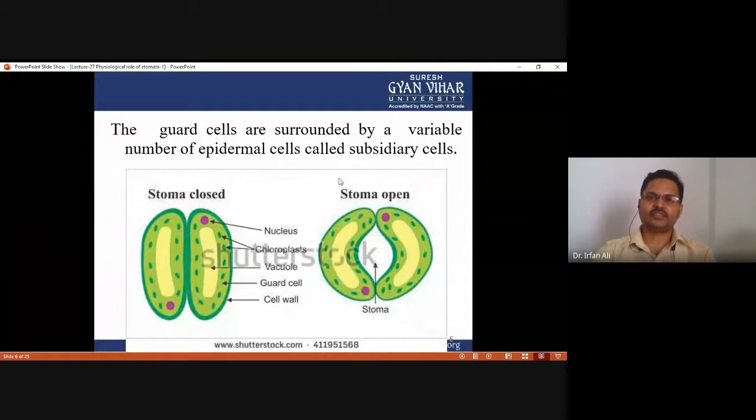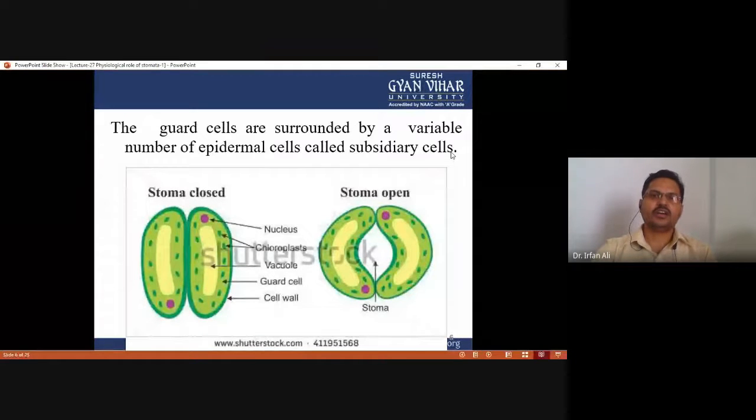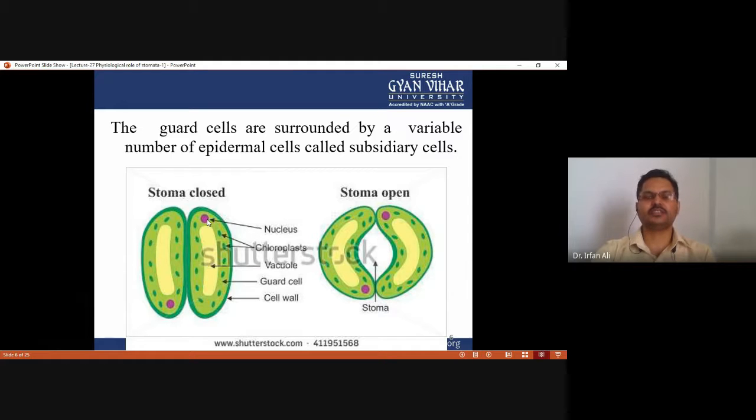The guard cells are surrounded by a variable number of epidermal cells called subsidiary cells. This is a guard cell, and along with the guard cell there are other epidermal cells present which surround the guard cell, and these extra cells surrounding the guard cell are called subsidiary cells. There are two conditions here.